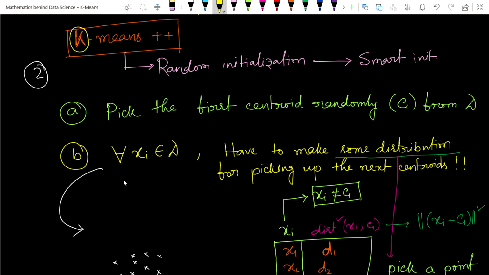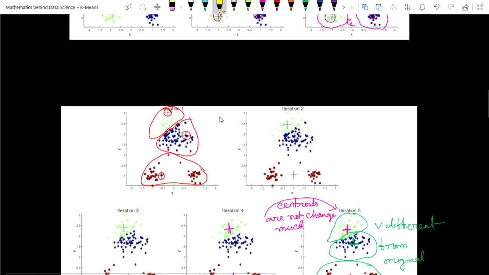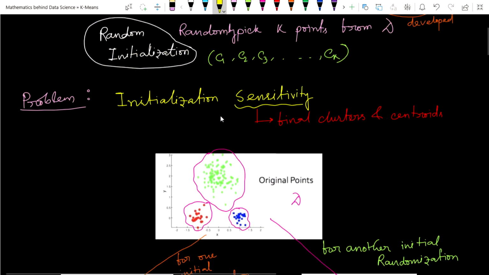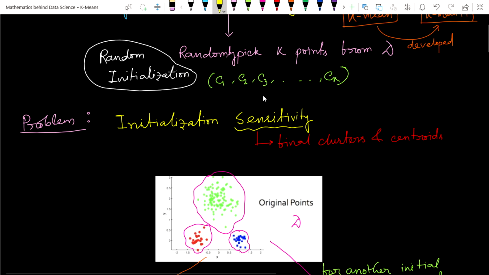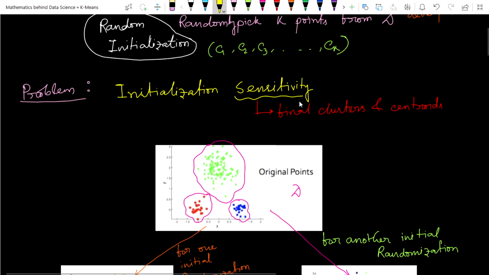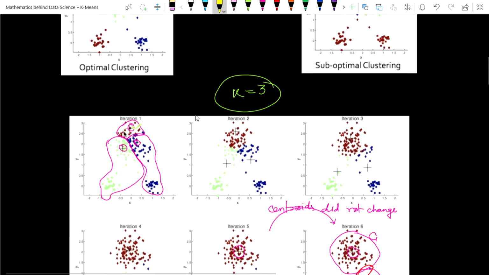First, we have to pick the centroid randomly. Instead of picking all the centroids C1, C2 up to CK, we just pick the first centroid, only C1, from our whole data set.